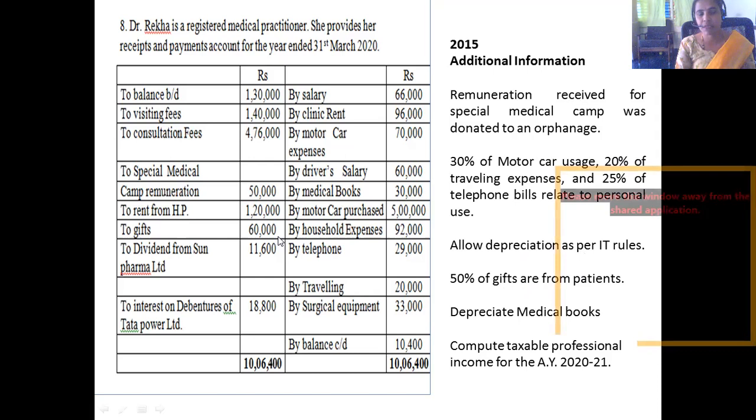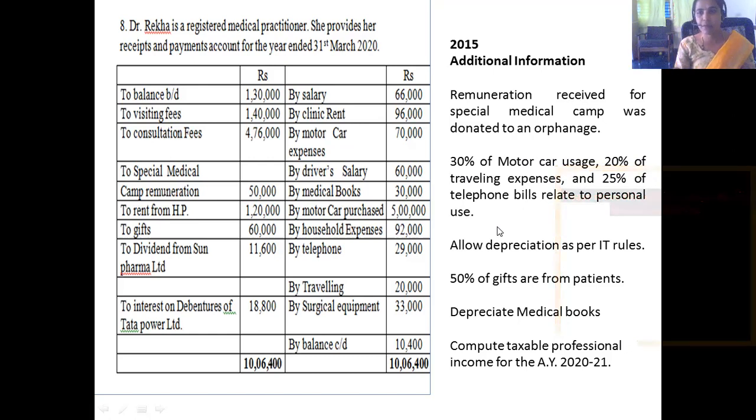Dividend is an exempted income. Interest on debentures is income from other sources. Salary is a professional expenditure. Clinic rent is a professional expenditure. Then the motor car expenses. So here very clearly given the percentage of use for personal use: 30% of motor car usage, 20% of traveling expenses, 25% of telephone bills is for personal use.